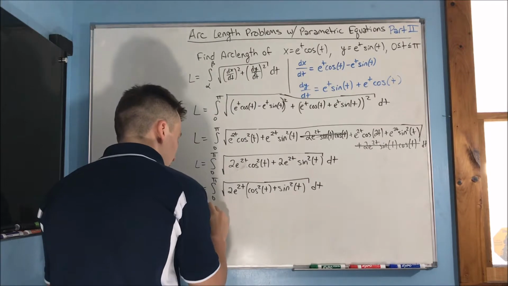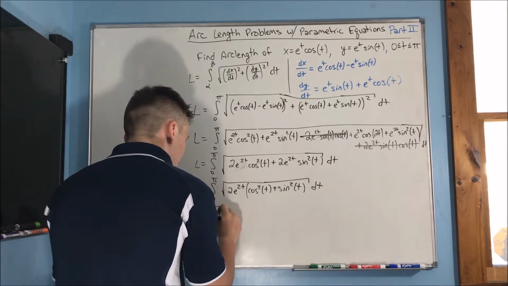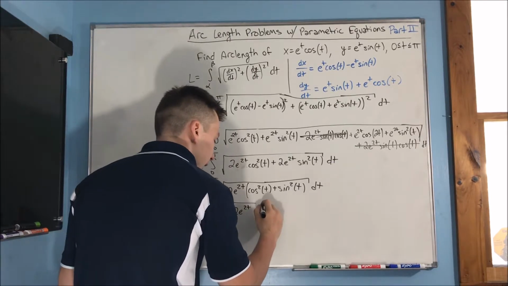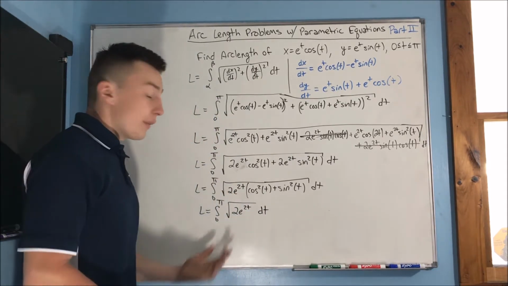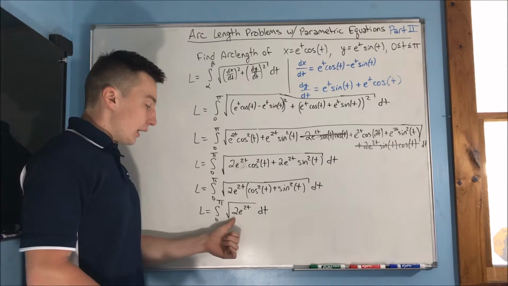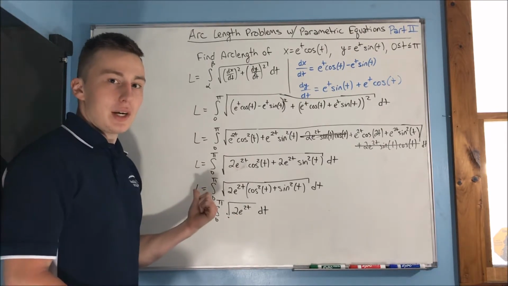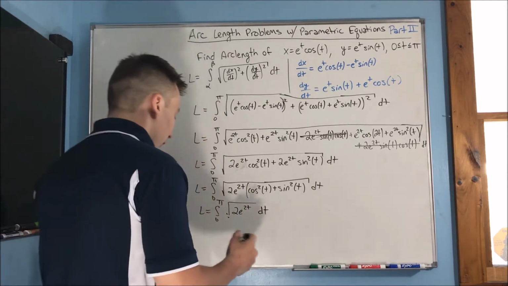So we're left with the arc length being the integral from 0 to pi of the square root of 2e to the 2t dt. Now this may look impossible as it is, but this is easy because rad 2 can just come right out. Don't overthink things like that.